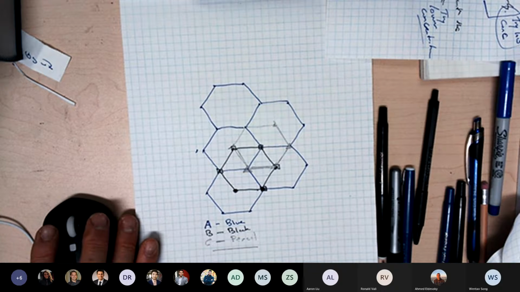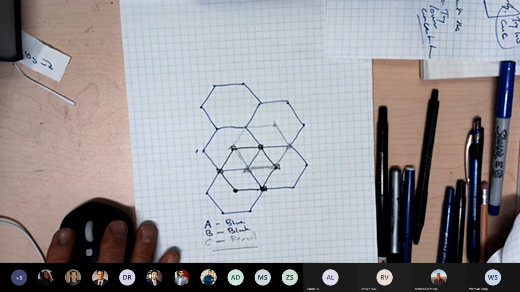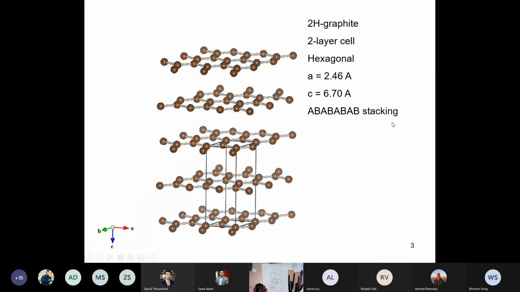Yeah, so this is AB stacking. It's called 2H because it's a 2-layer unit cell. You go from A to B and back to A again, so you expand the unit cell, and it's called 2H.